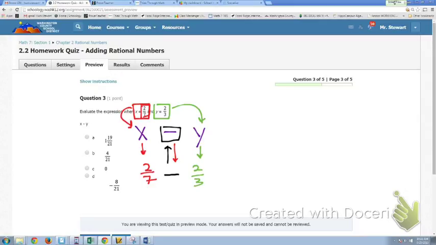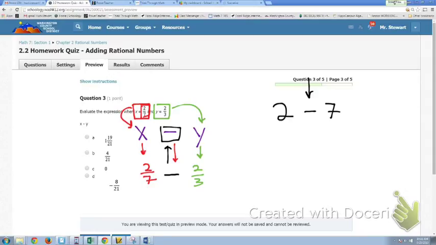Now at this point, you're subtracting. But let me put it this way. Remember, when we were working with integers, and we gave you something like 2 minus 7. We worked on the idea that every single subtraction question can be converted to an addition question as long as you treat these as integers.